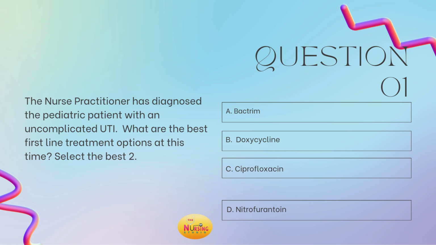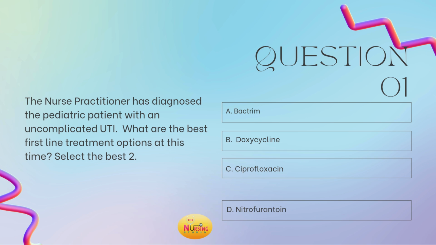All right, so the stem of the question. I always recommend reading the stem of the question first, as it allows you to slow down to ensure you're answering what's being asked of you. The stem here states, what are the best first line treatment options at this time? Select the best two. Now, y'all know on the ANCC, you do have the options of select the best two, select the best three. Those are the type of select alls.